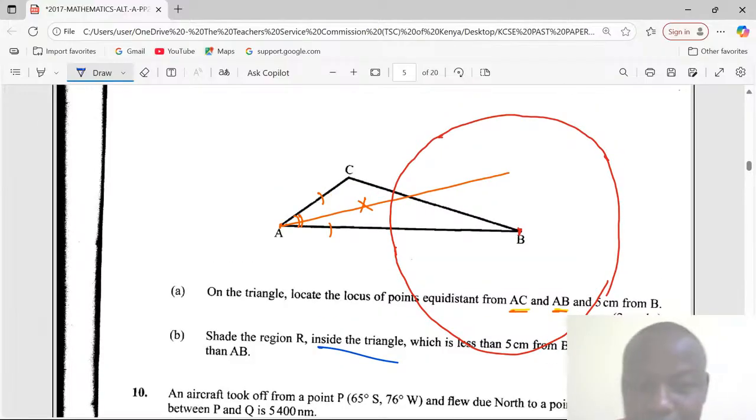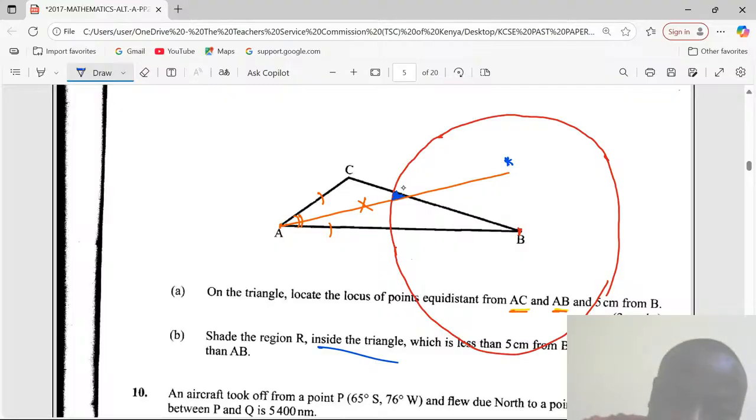Remember this bisector is equidistant from AC and AB. But now we are talking of nearer to AC. Therefore, it means the upper side. So upper side and within the circle, it is the only region which has been shaded by the two. Look at the region which I've shaded.